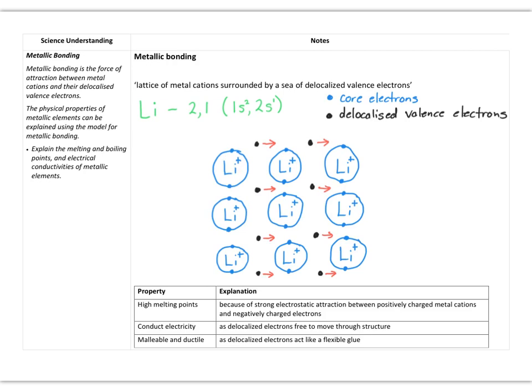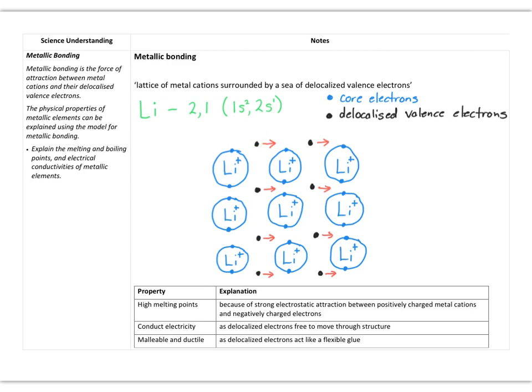We can think of each of the lithium atoms forming this lattice of lithium atoms with their 2 core electrons closely attached. So those core electrons stay attached to each lithium atom. There's obviously only 2 core electrons, there's 3 protons in the middle of lithium, so we can think of this like being a lattice of lithium ions surrounded just by their core electrons.